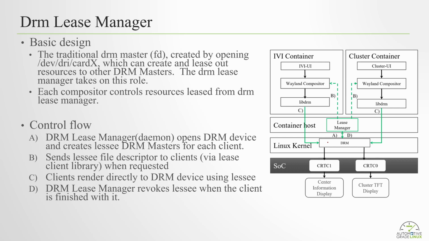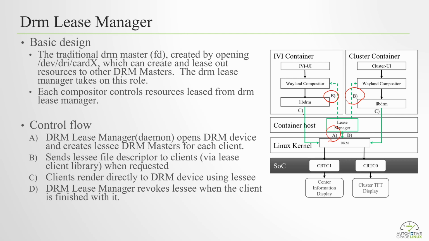The control flow: A, the DLM release manager opens the DLM device and creates a release DLM master for each client. B, the release manager sends this file descriptor to the clients when it is required.